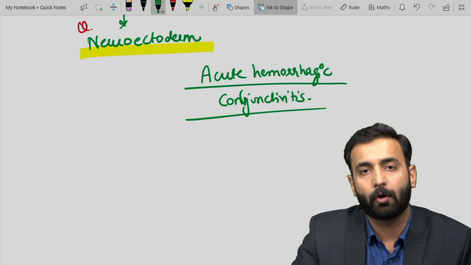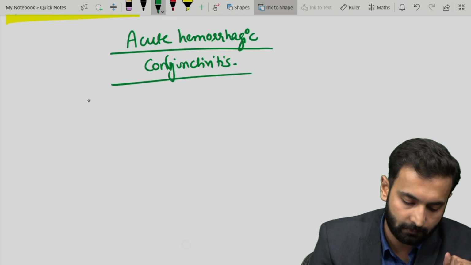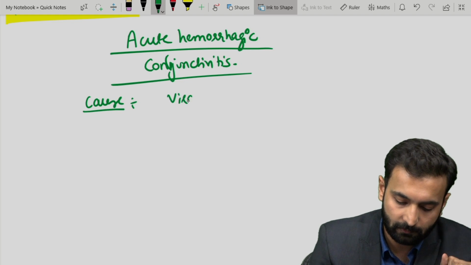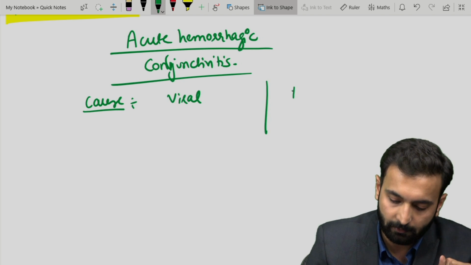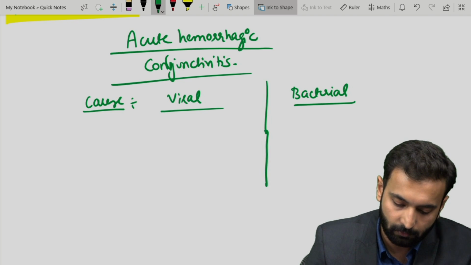So there are two broad categories of causative agents of acute hemorrhagic conjunctivitis. What are these categories? The viral causes and the bacterial causes. What are the viral causes we should know?